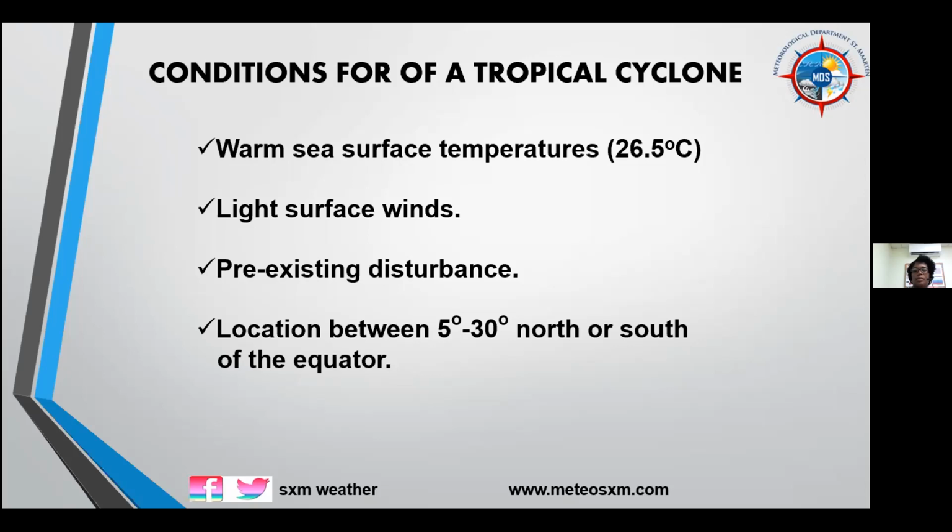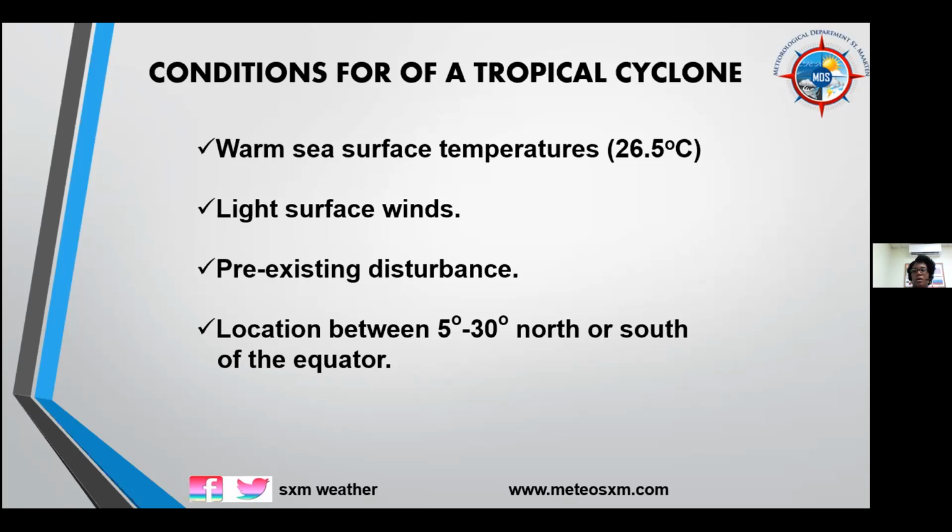There also has to be light surface winds. If the winds are very breezy, then there is not enough time for evaporation of the heat and the formation of clouds. So the winds have to be very light at the surface. There also has to be a pre-existing disturbance, something like a thunderstorm or a tropical wave.